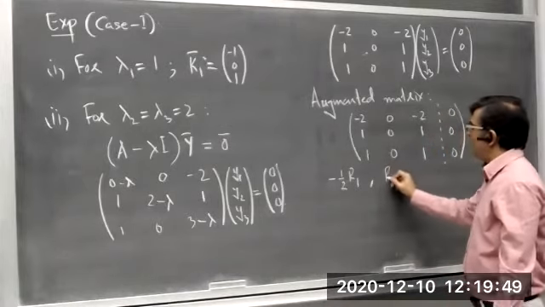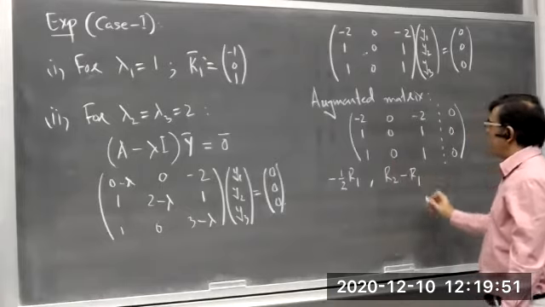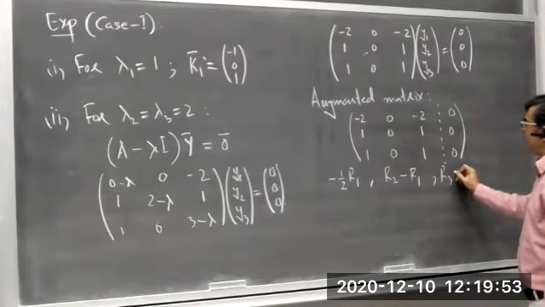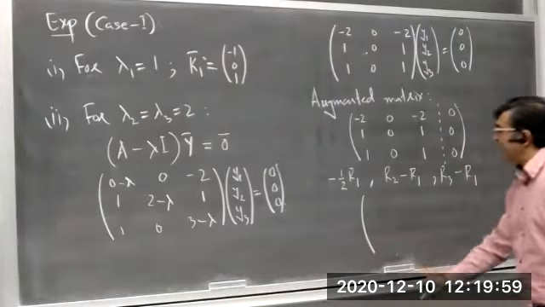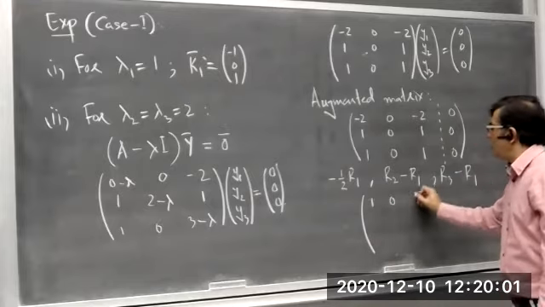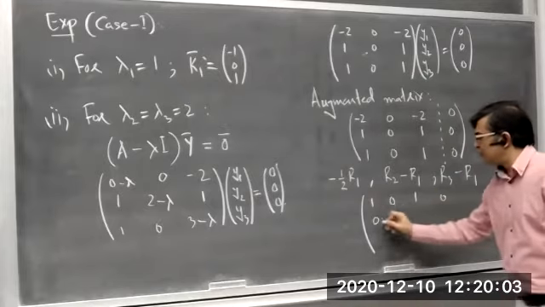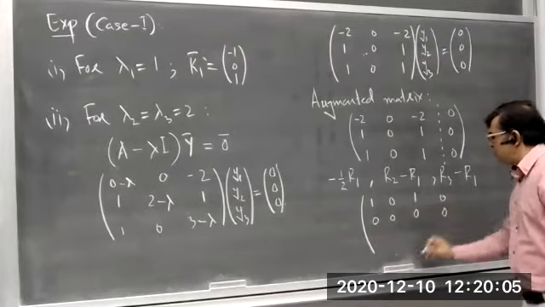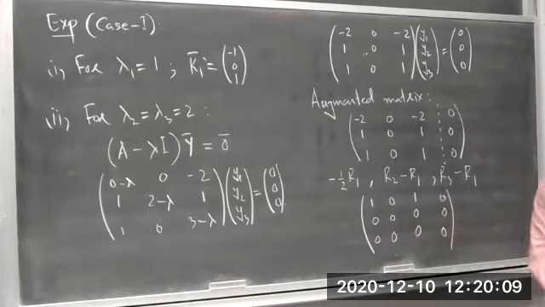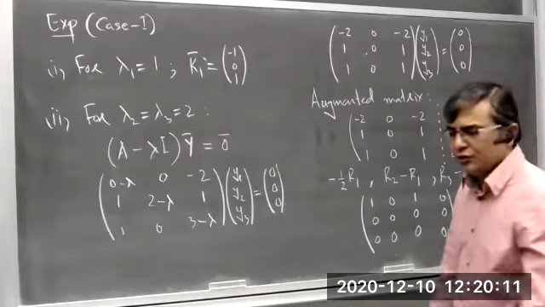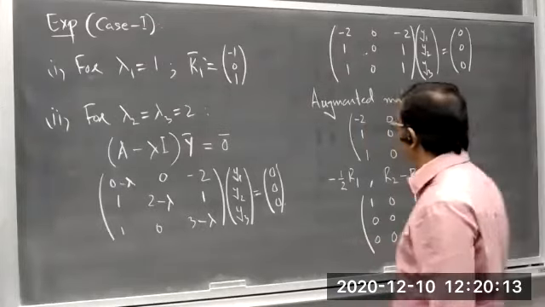The second, R2 minus R1, and then R3 minus R1. If you apply these three operations, what you'll get is 1, 0, 1, 0, 0, 0, 0, 0, and again 0, 0, 0. So this is in echelon form, or you can say this is in reduced echelon form.